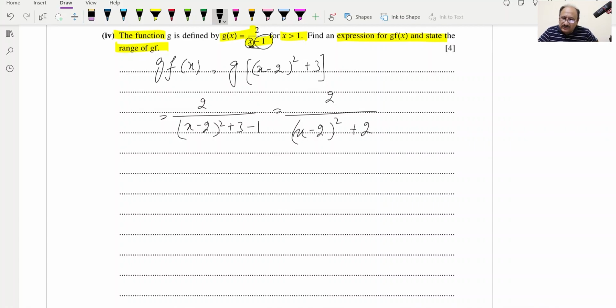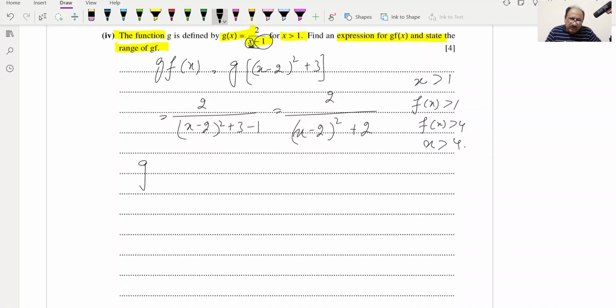And x is given, x is greater than 1, so f of x will be greater than 1. And what will be next? So f of x is greater than 4. So if f of x is greater than 4, x will also be greater than 4.